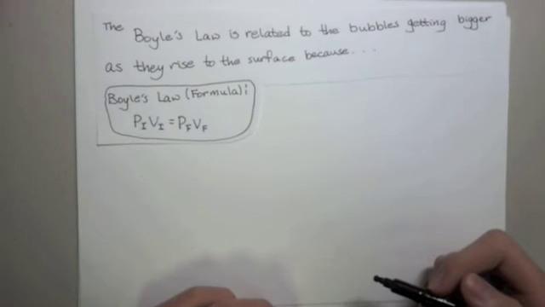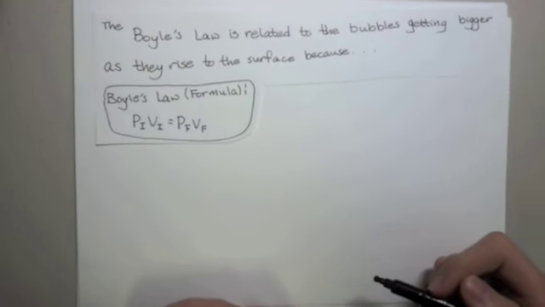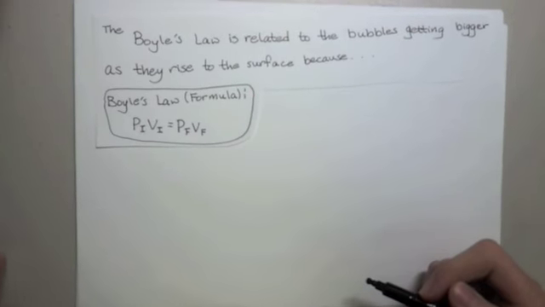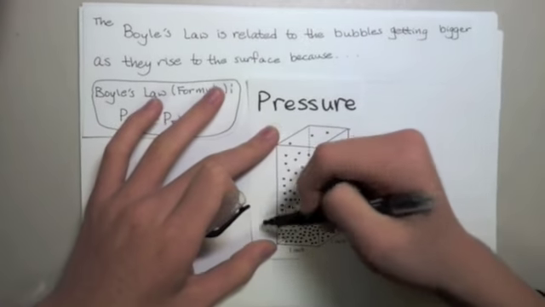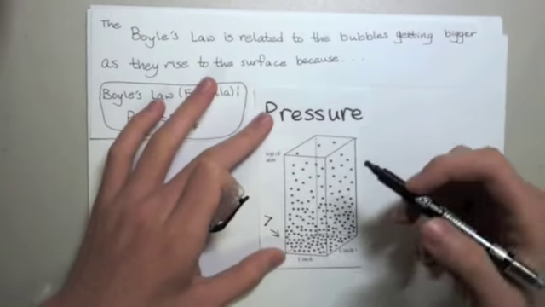Boyle's law is related to the bubbles getting bigger as they rise to the surface because at the bottom of the sea there is more pressure than at the top of the sea.